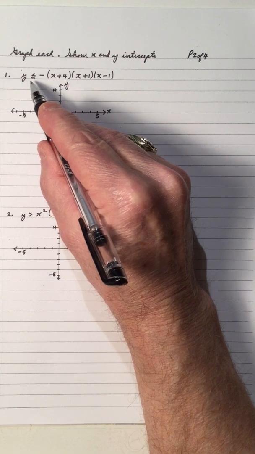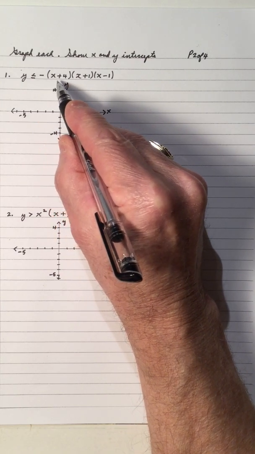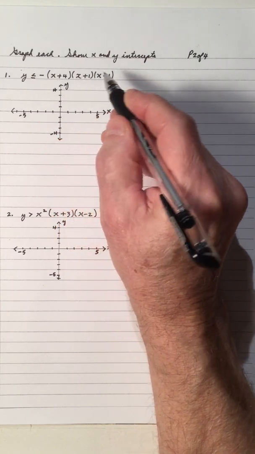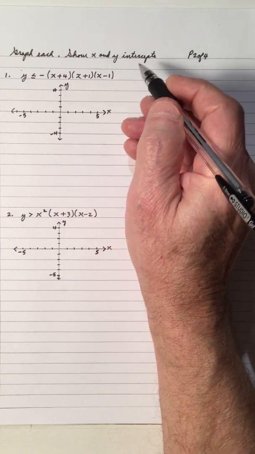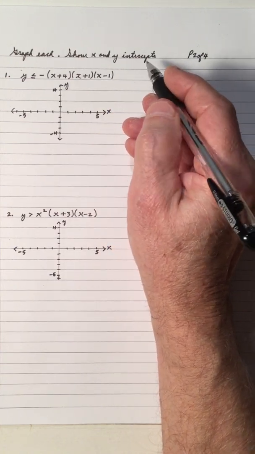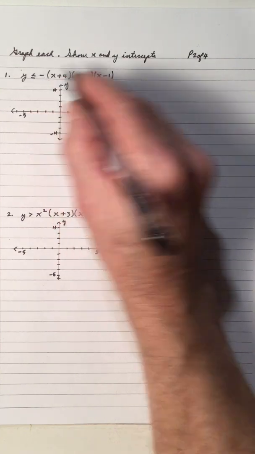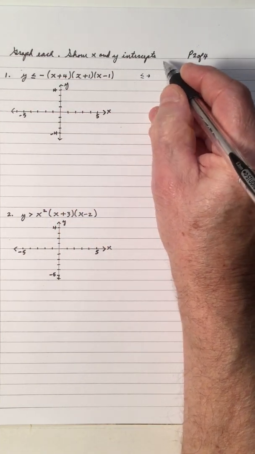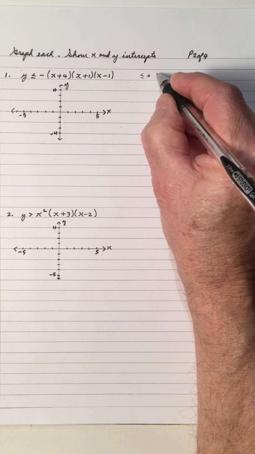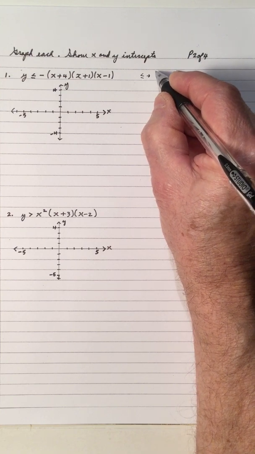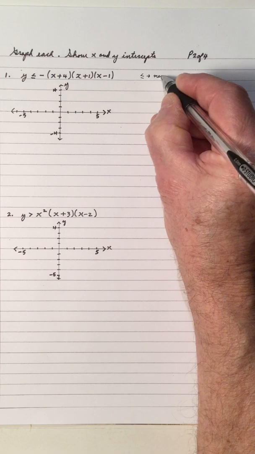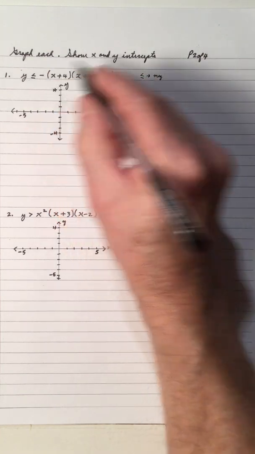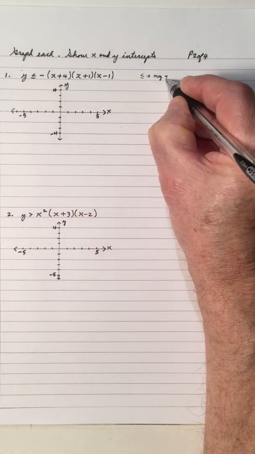Notice we have y is less than or equal to negative of x plus 4 times x plus 1 times x minus 1. So what I do, I look at that, I have less than or equal to. It says y is less than, so we're looking at the negative y's.